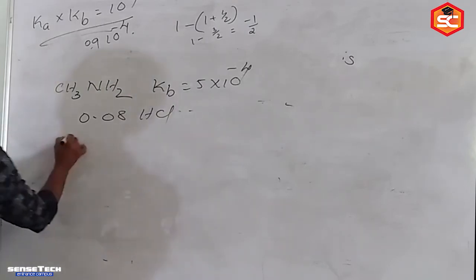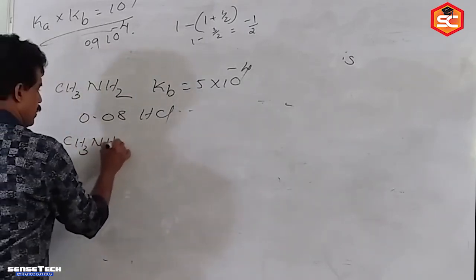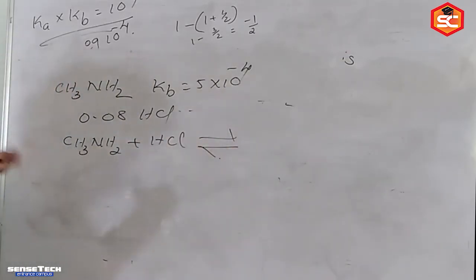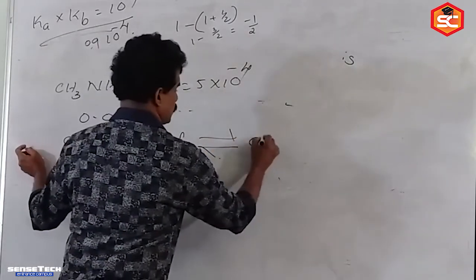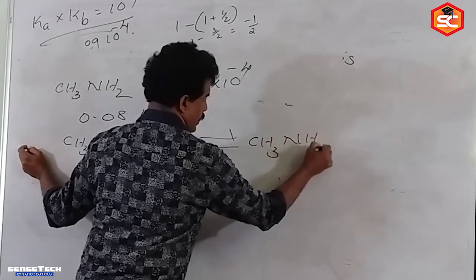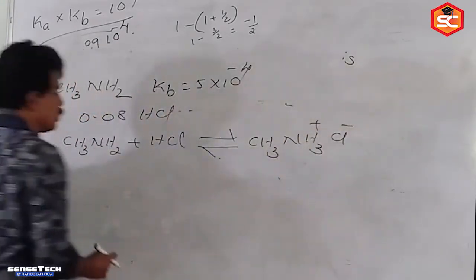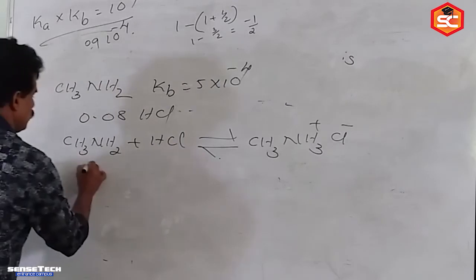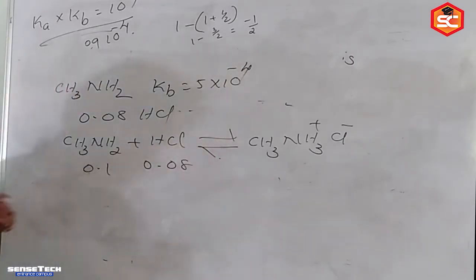So the equation is CH3NH2, primary amine, plus HCl. It's a reversible reaction. Acid and base, we will be getting the salt, CH3NH3+ Cl minus, the ammonium salt. What is the concentration they have given? Initial concentration 0.1 and 0.08, then 0.